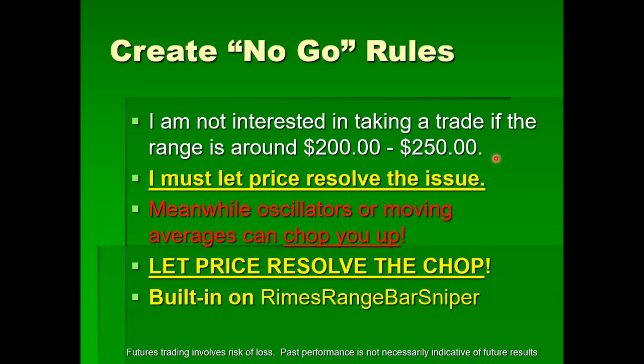In day trading, if you're locked in a range of $200, $225, if you're in that kind of a range, by the time you get in, it is going to go against you. And I've seen these kind of ranges last for hours. Just understand, you need no-go rules. You must let price resolve the issue.